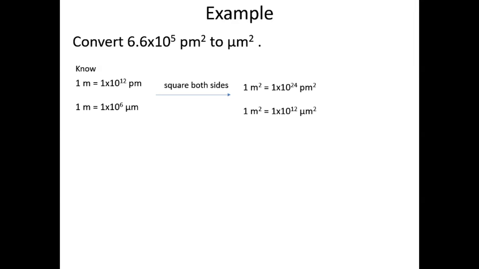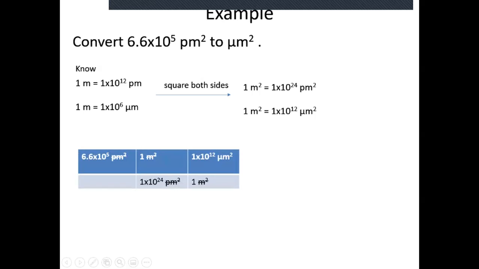So we get 1 meter squared is 10 to the 24th picometer squared, and 1 meter squared is 10 to the 12th micrometer squared. The most common mistake that students make is they forget to square the exponent and just square the unit, which doesn't help because then we get the wrong exponent power.